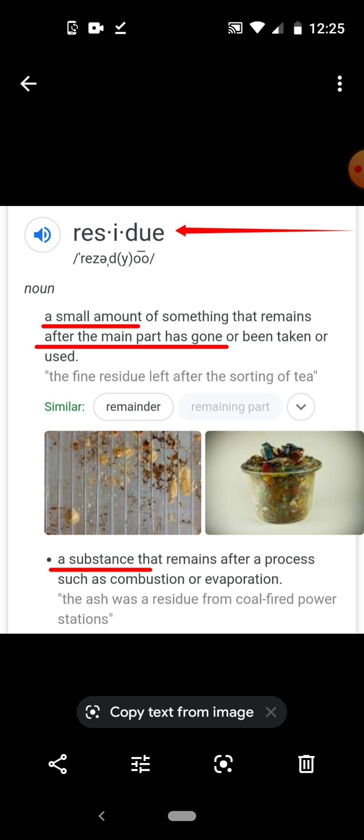We're not dealing with combustion or evaporation, but a small amount of something that remains after the main part has gone. Now, with Mandela effects, the main part does not go. Something changes, but it doesn't really go.